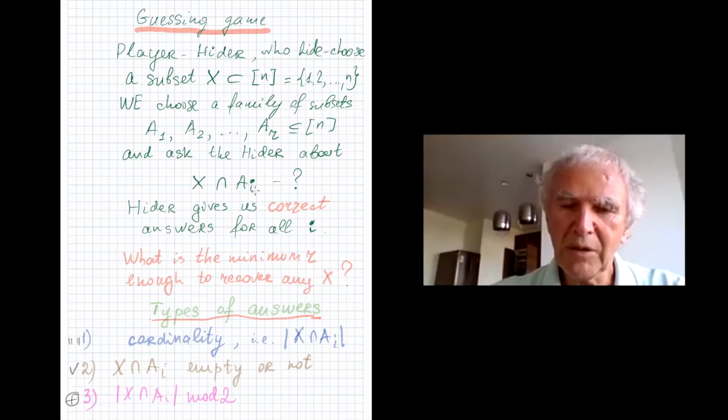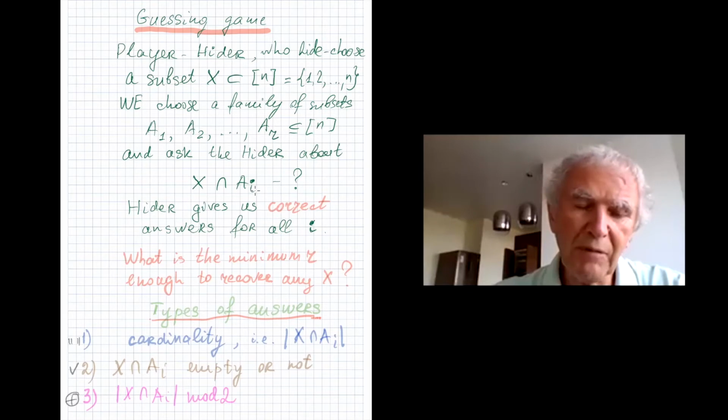He can give us the cardinality of the intersection, and it looks like the best option for us because it gives us the maximal possible information. He can give us yes or no, whether our unknown set X and our set A_i intersect or not.